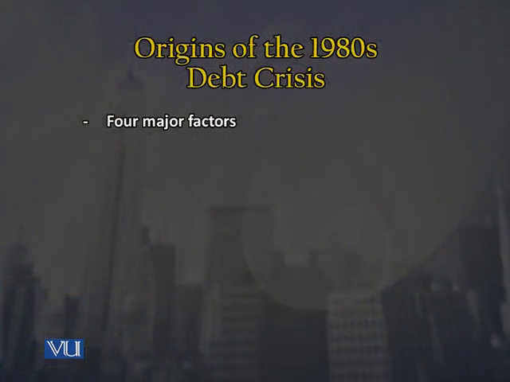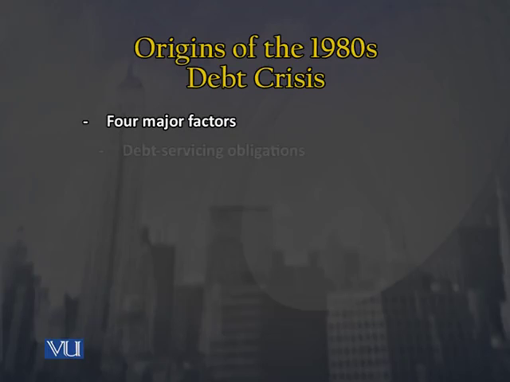So if we look at the various types of origins that contributed towards the debt crisis that occurred during this particular time period, we observed that there were these four major factors that contributed strongly towards this occurrence of debt crisis in 1980s.